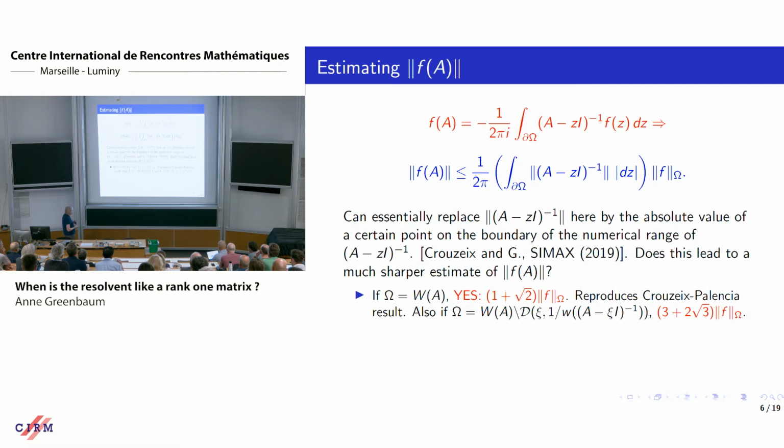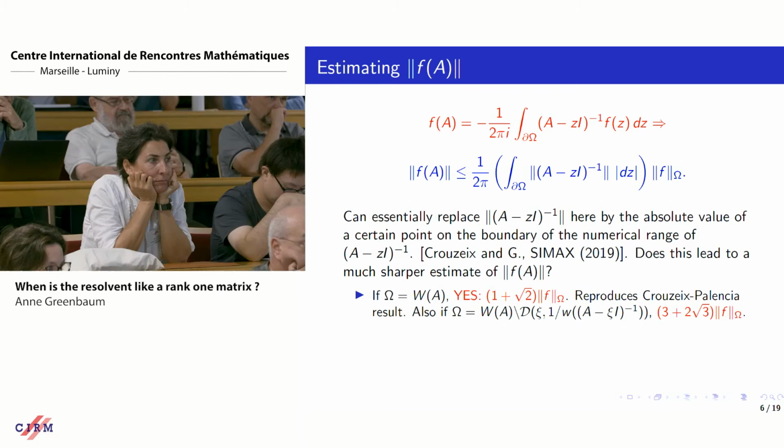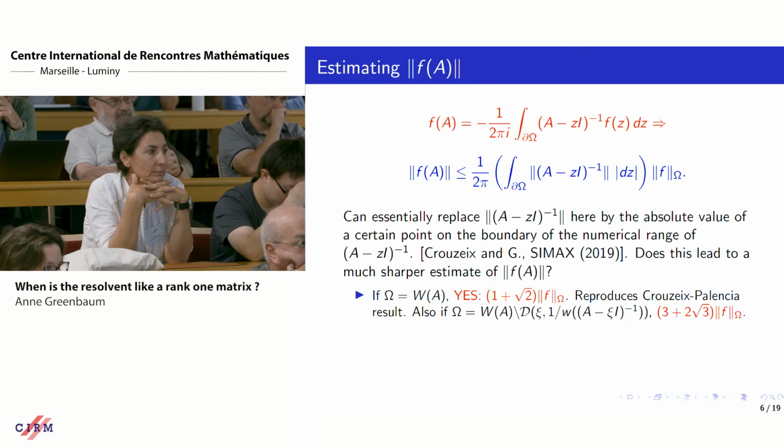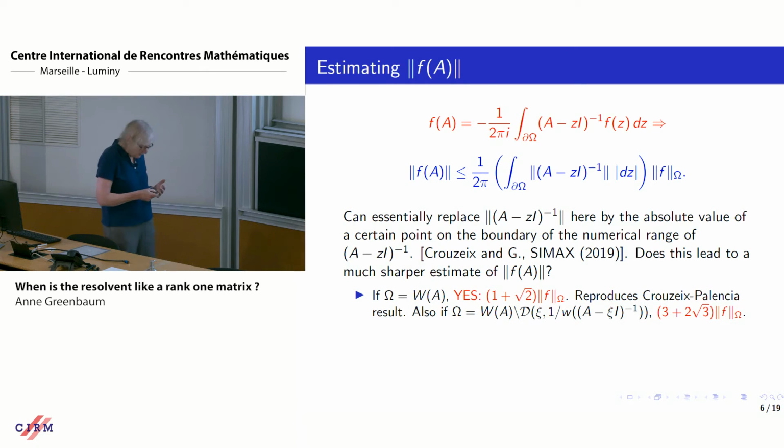So I thought, well, let's try some smaller regions. The field of values or numerical range can be a rather large region. Let's try some smaller ones, like maybe the epsilon pseudospectrum for some fairly small value of epsilon, 10 to the minus 3, say.